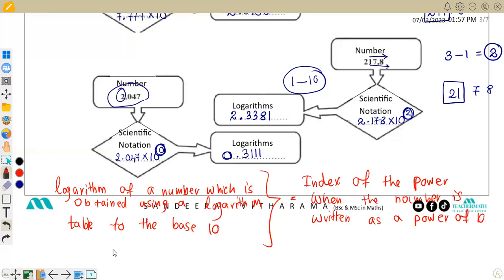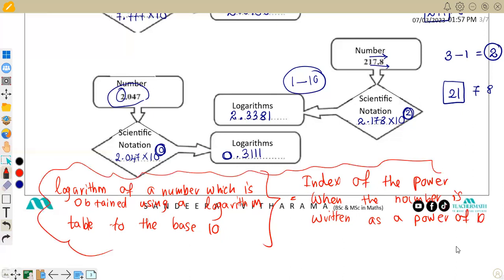This is the meaning of finding the logarithm of a particular number to the base 10.